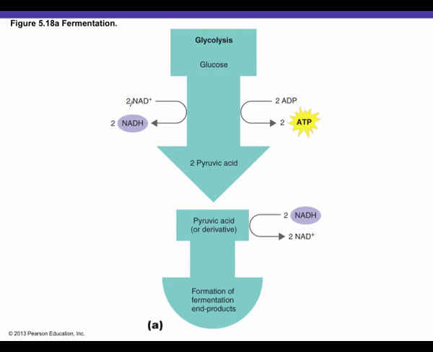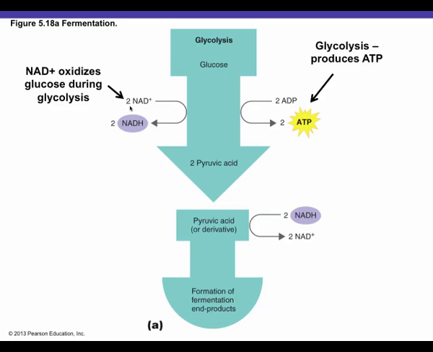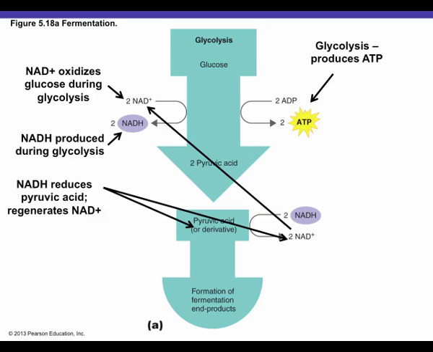But since fermenters don't use the electron transport chain, they can't restore their own NAD plus from NADH. So in this case, we need to regenerate our NAD plus, right? So this NADH that's produced during glycolysis needs to be regenerated. So NADH reduces pyruvic acid.